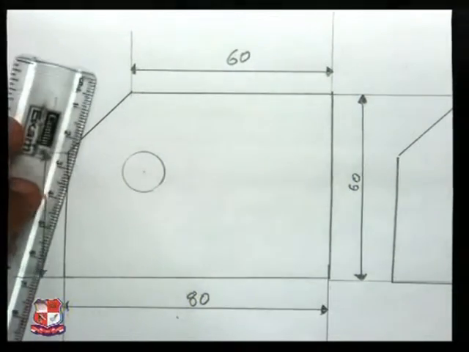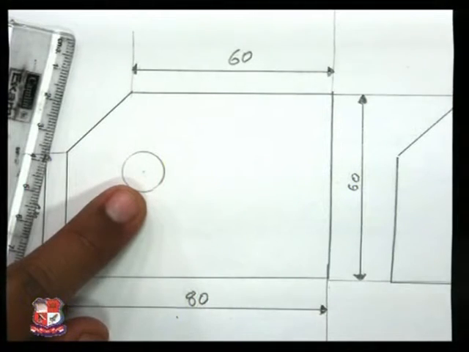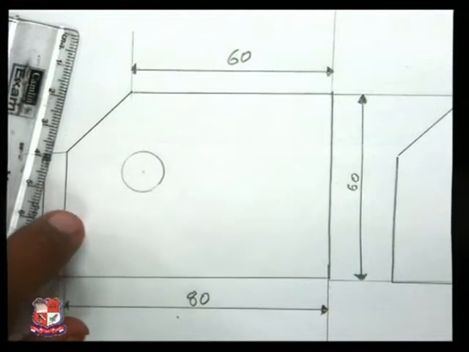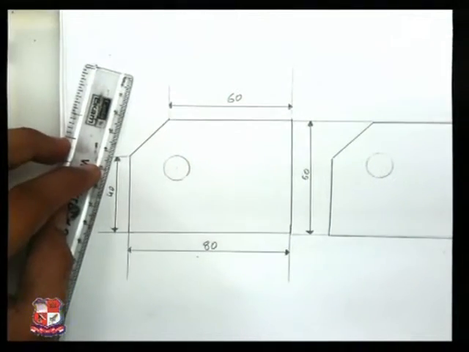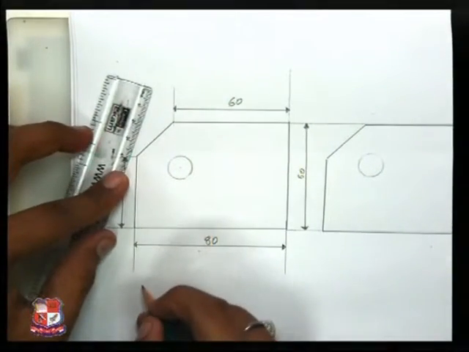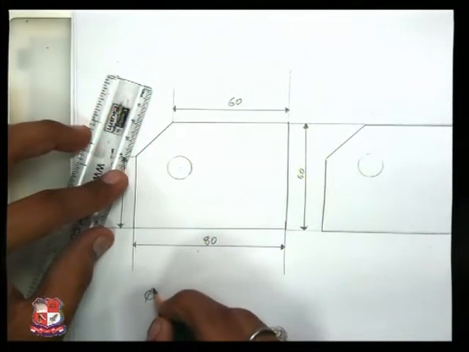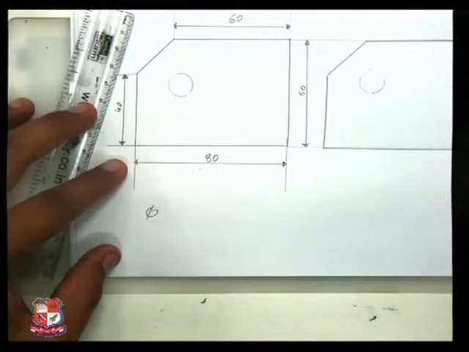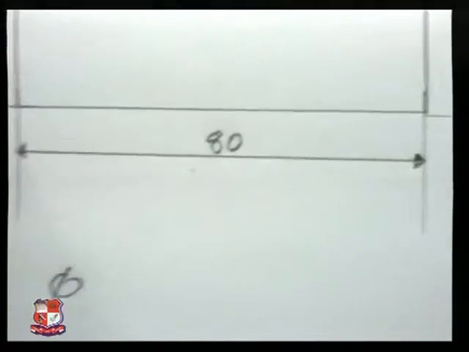Now the last remaining dimension is the dimension of this circle. How many of you know how we can denote the diameter? We should denote diameter with the use of phi. Phi should be denoted like this.